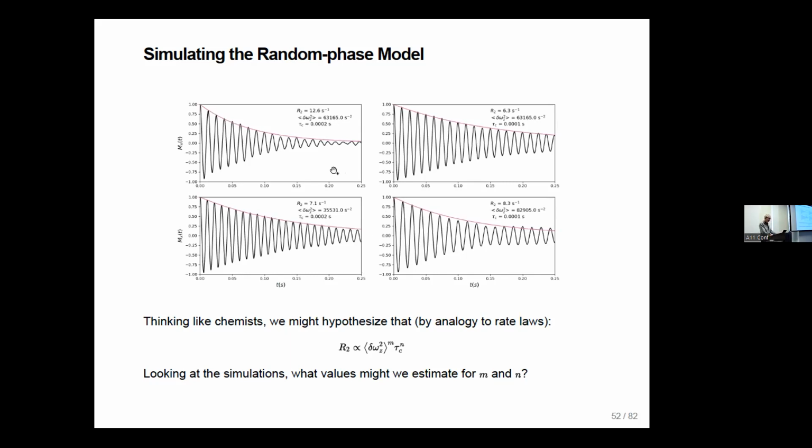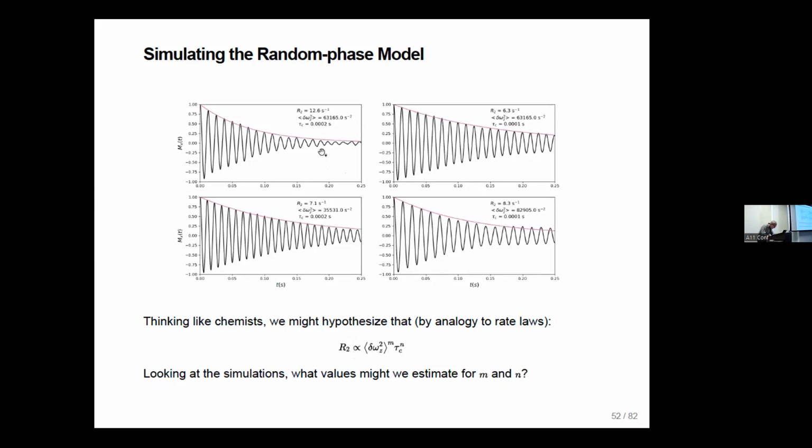And here, if I do this for a bit, I can hypothesize that R2 then depends on the variance to some power and tau c to some power. And now this is like figuring out orders in chemical kinetics.